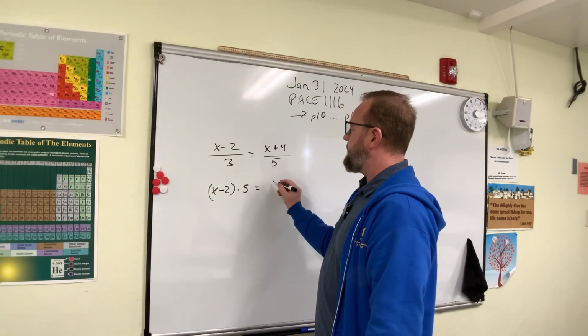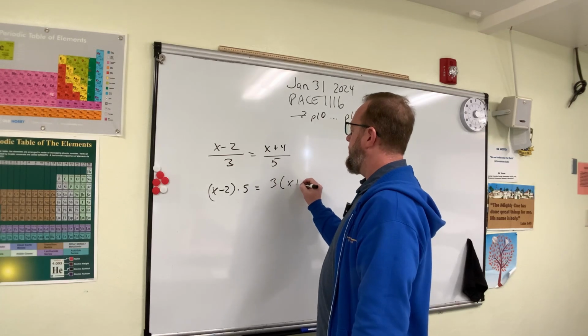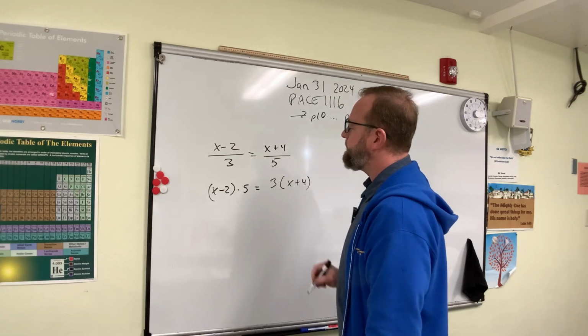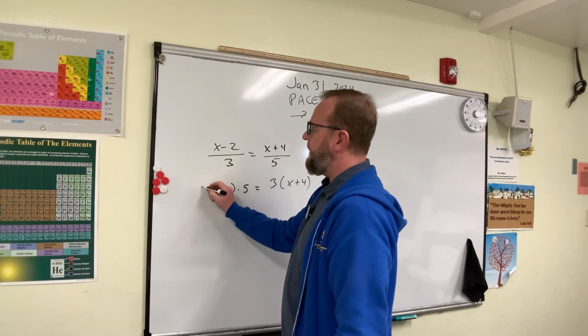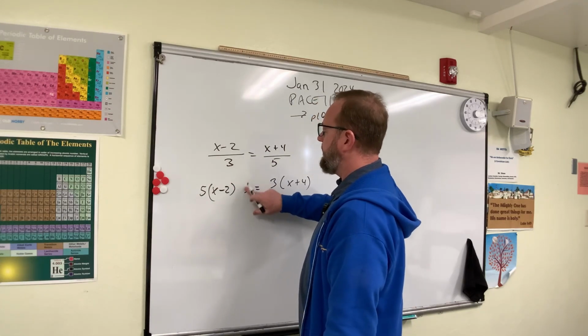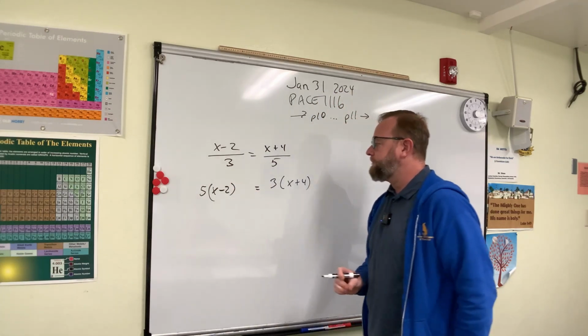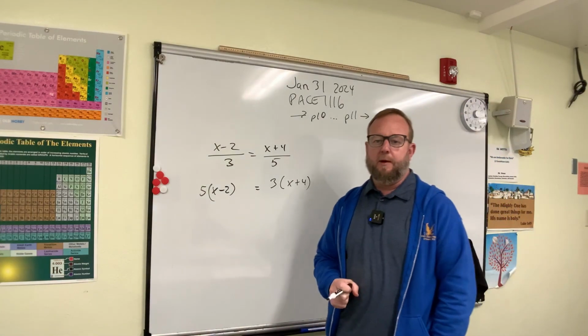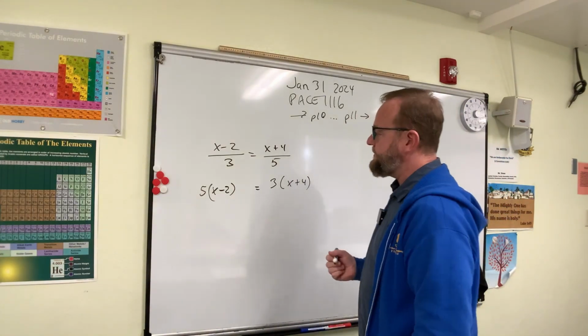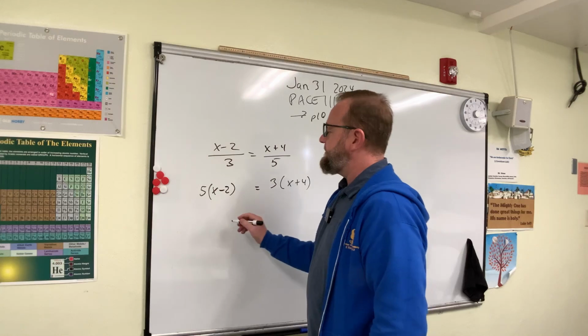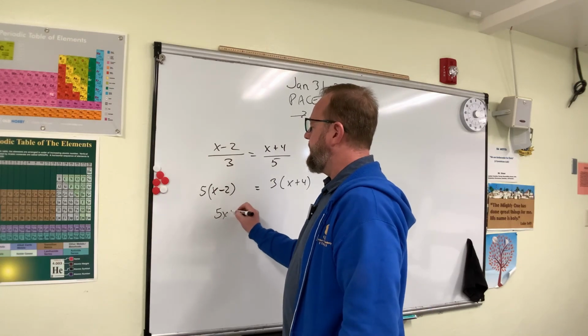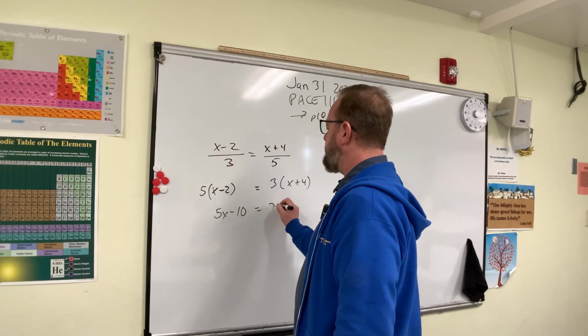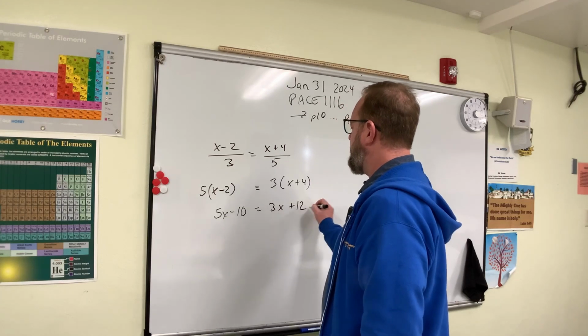How would we normally write it? 3 times x plus 4, like here. So normally I would put the 5 out front and not back there. That's just sort of the way we would normally write an algebra equation. I go ahead and finish this out. 5x minus 10 equals 3x plus 12.